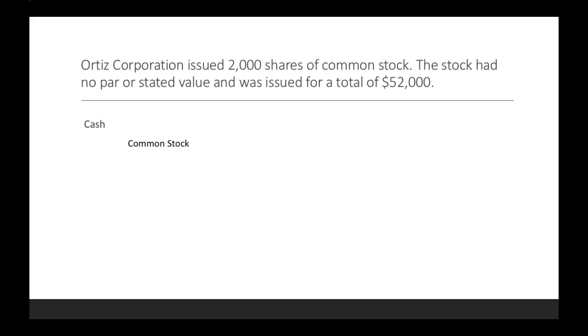We can't be in excess of par if we don't have a par value. So we don't even worry about that account. So we say that we got $52,000 in cash, and our common stock is also worth that $52,000.